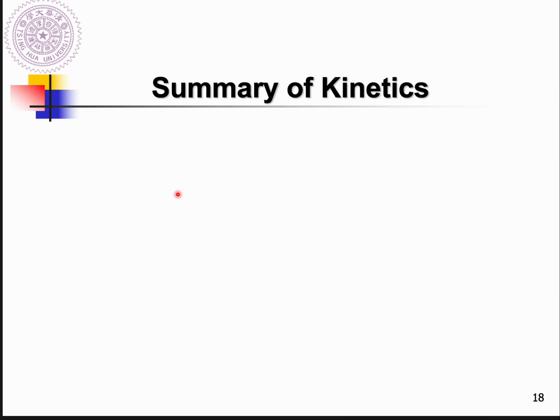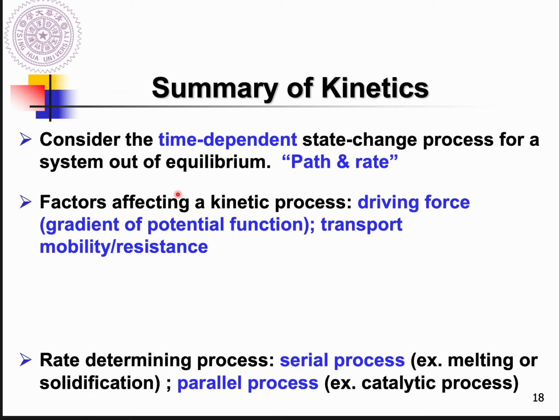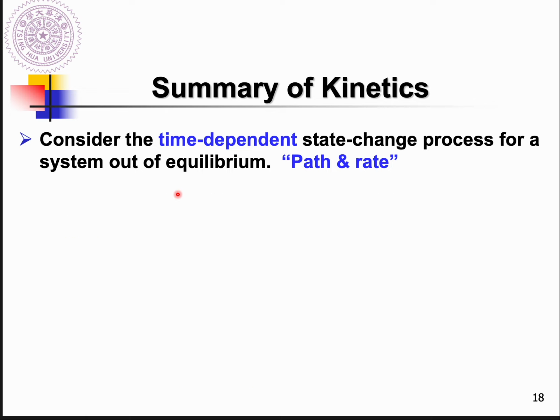So I'm going to give you a summary of the kinetics. For kinetics, you need to consider the time-dependent state function change process. This process definitely deviates from the equilibrium state toward the equilibrium state, and involves the path we choose and the corresponding rate.